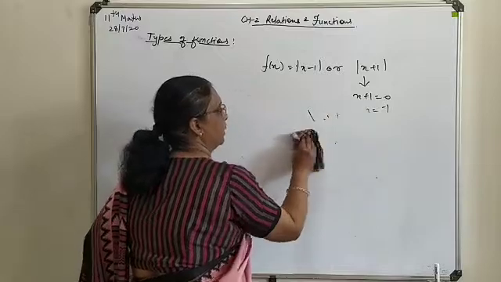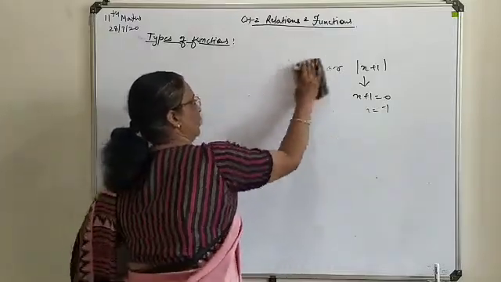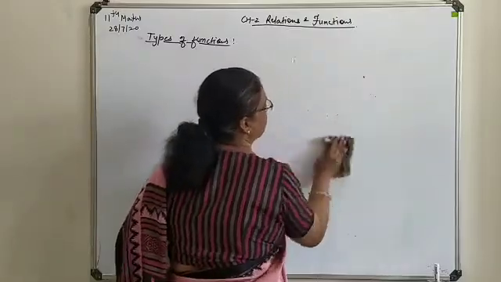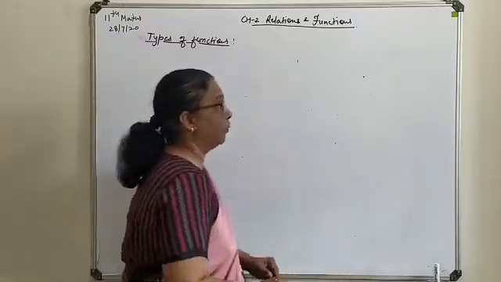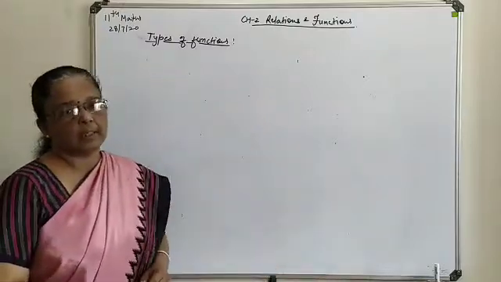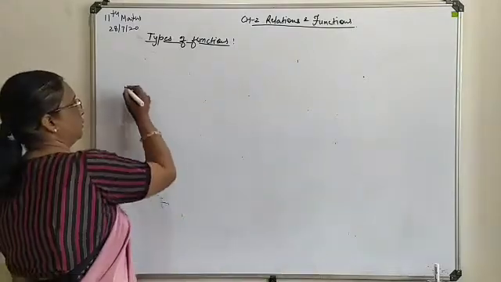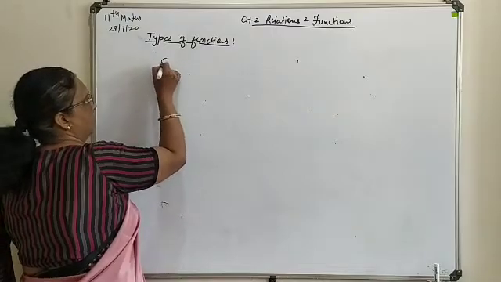So you must be clear about what the signum function is, what the modulus function is, and what their basic concepts are. Then only you can handle different situations. Otherwise at that time if you go for learning the modulus function and signum function, it may create some problem. Now the next we are going to discuss is the signum function.